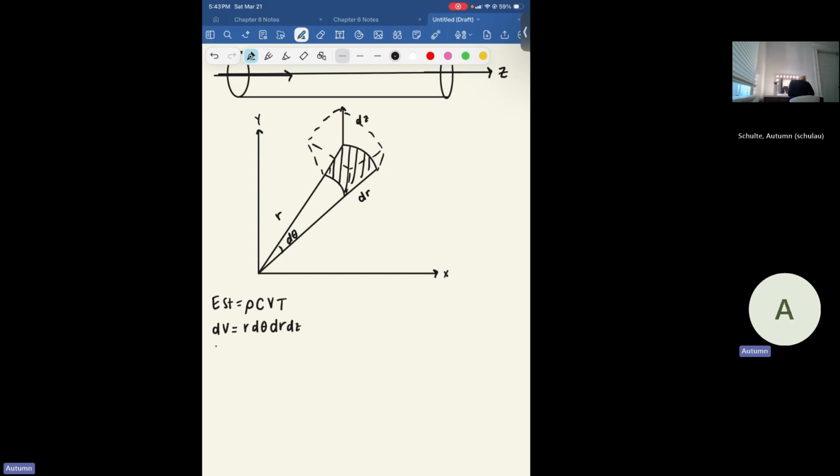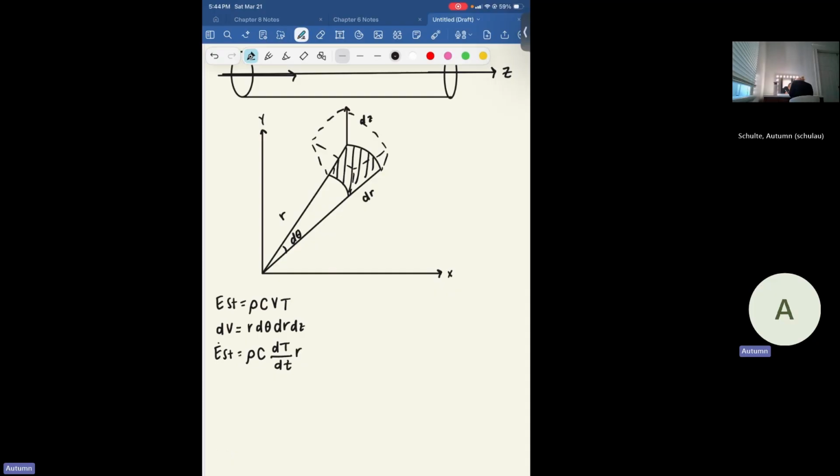Now, if we want to make this a rate of change of energy storage, this is going to be the density times the heat capacity times the change in temperature with respect to time multiplied by our differential volume, which we said is r d theta dr dz.